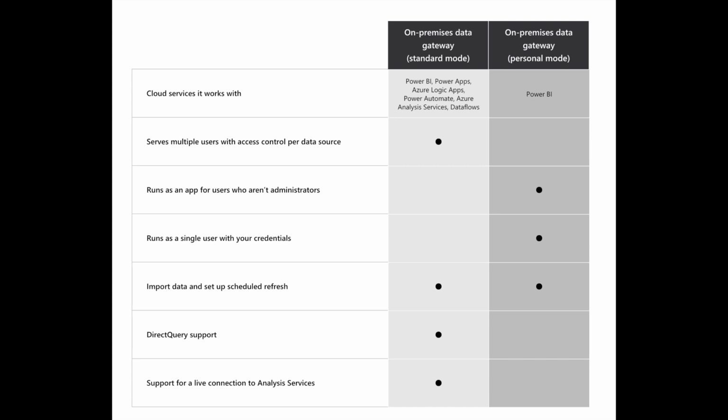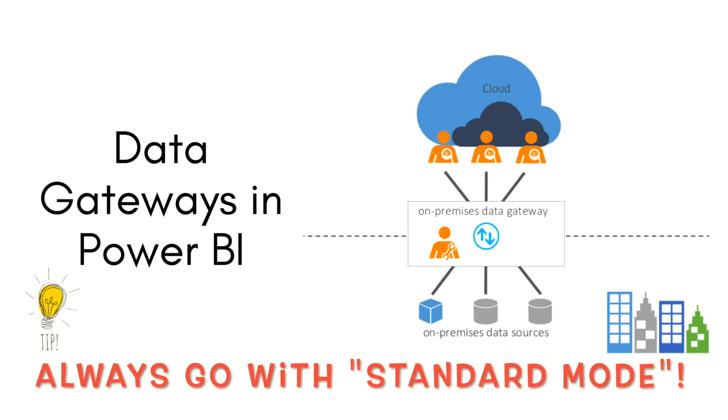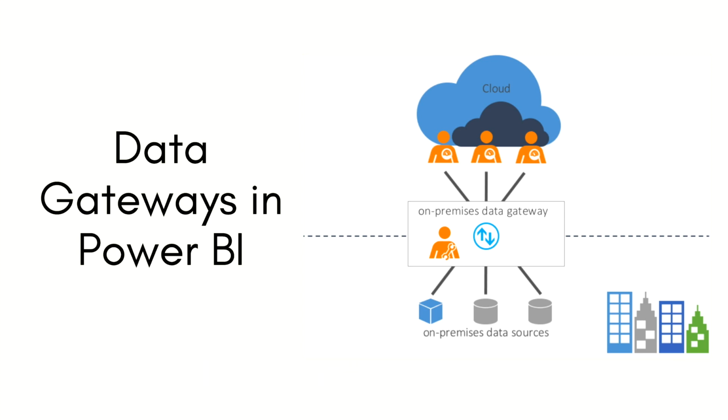You will install the gateway on your local computer, which needs to stay online for the gateway to work. So my suggestion is always to go with the organizational mode, which is also known as the standard mode. In order to download it, you can go to your Power BI service, and from there you can go to the downloads and download the software.